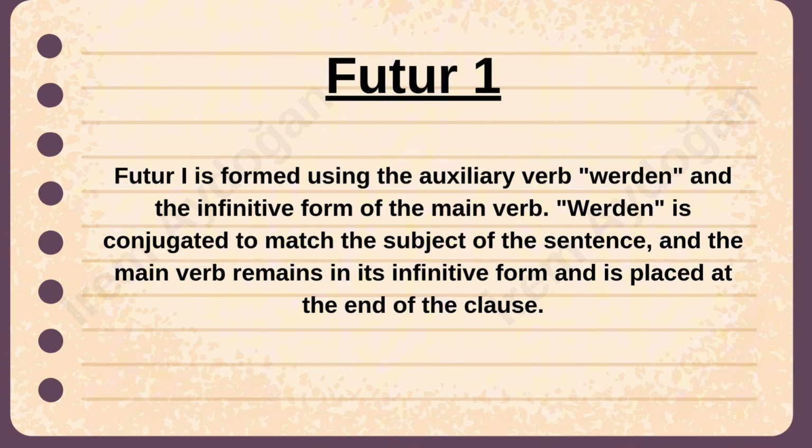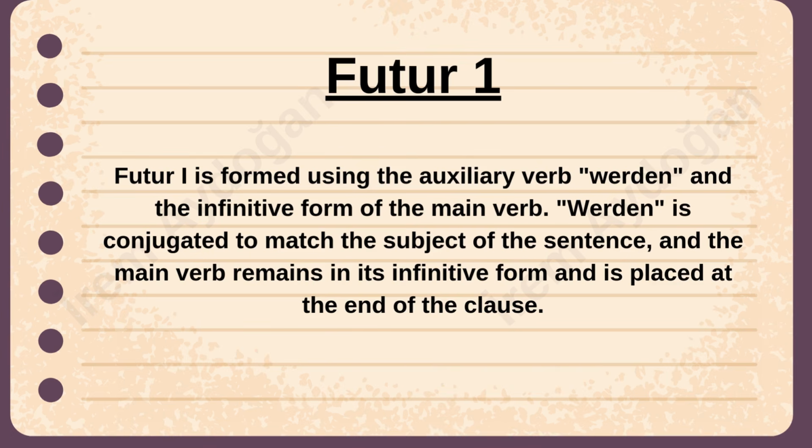Werden is conjugated to match the subject of the sentence, and the main verb remains in its infinitive form. Just be careful about this, it is placed at the end of the clause. It's a useful subject and it is one of the basic tenses in German.